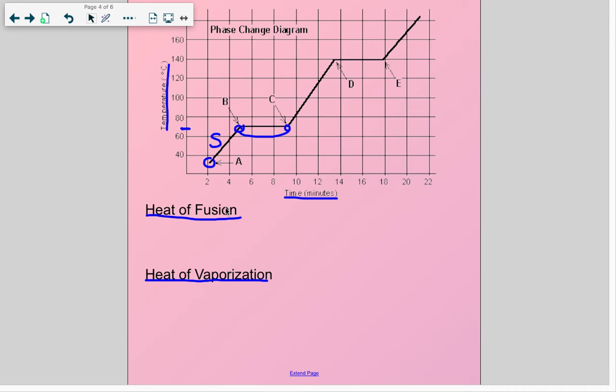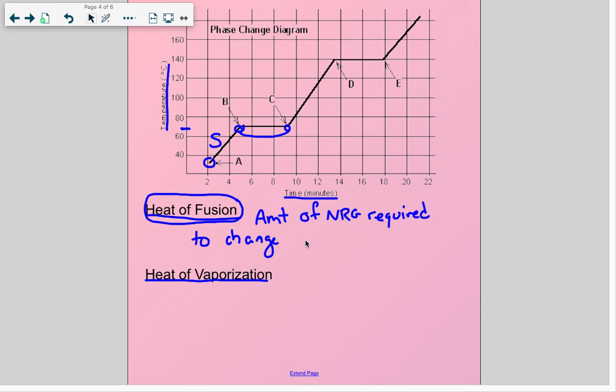And the answer is based on this word right here, and it's called the heat of fusion. So the heat of fusion is the amount of energy required to change, and this is going to be a generic definition, a solid to a liquid.